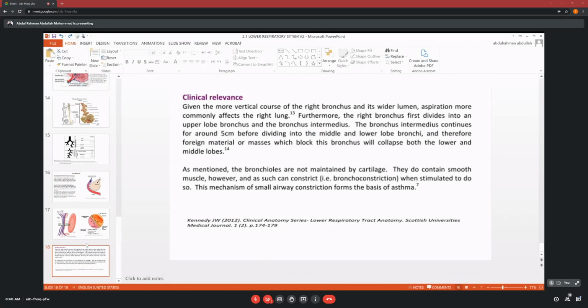Lower. And if we say it is above the left fissure, the left upper lobe.